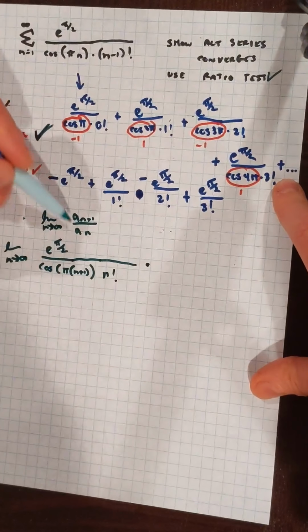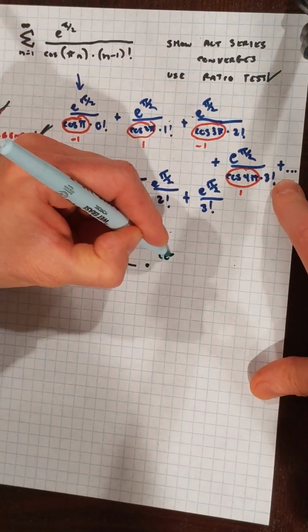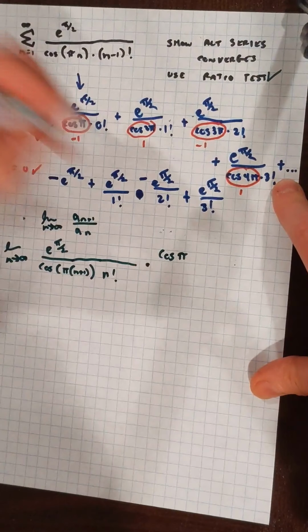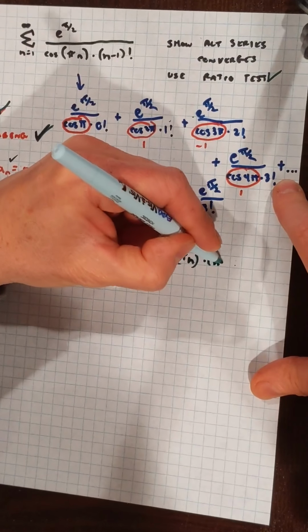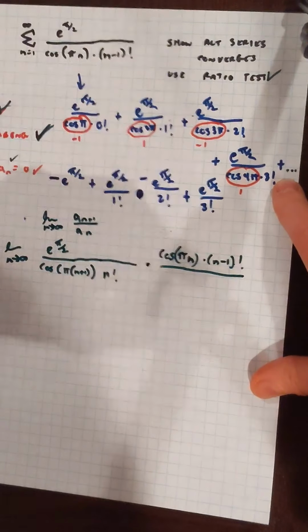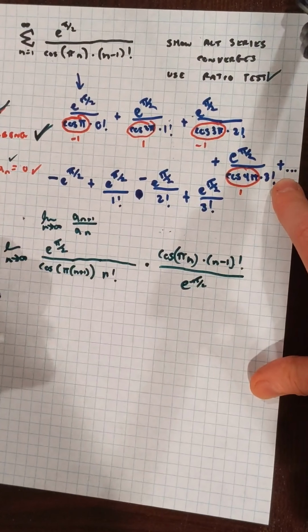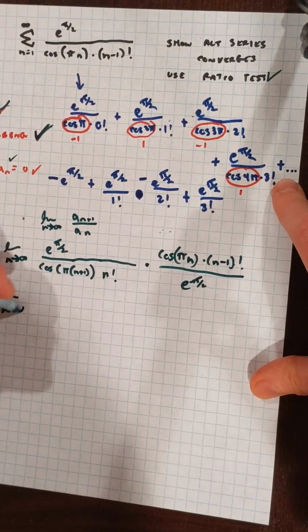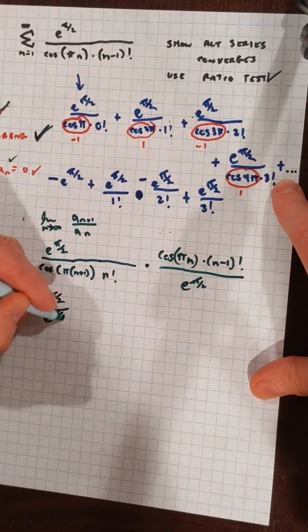Divide by the a sub n term, which is this term, only I flip it over. So I'm flipping it over and writing it down. Now I'm going to chill out because with the ratio test I just have to line stuff up. I'm just going to put the e pi over 2 over e pi over 2. Yeah, I can cancel that.